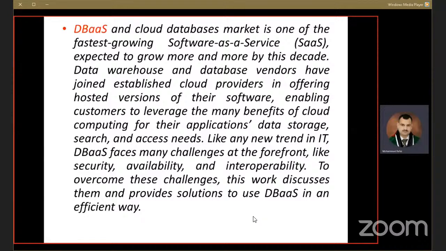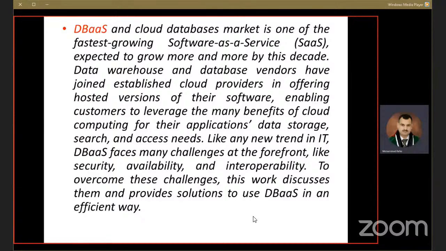Database as a service and the cloud database market is one of the fastest growing software as a service, expected to grow more and more by this decade. Data warehouse and database vendors have joined established cloud providers in offering hosted versions of their software, enabling customers to leverage the many benefits of cloud computing for their applications, data storage, search, and access needs.